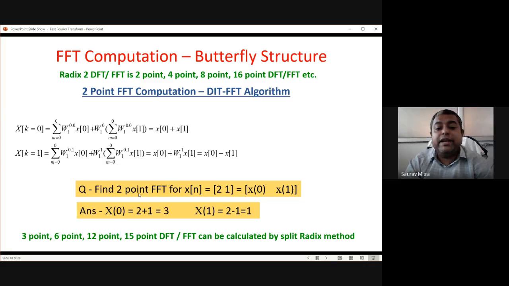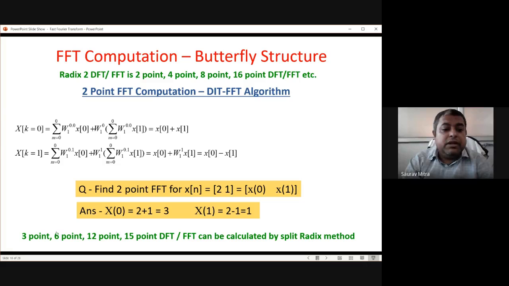So if I give you the 2-point FFT for x equal to 2 and 1, X0 is 2 plus 1 equal to 3, and X1 is 2 minus 1 equal to 1. That's all. There is no j part, no complex conjugate, no complex frequency thing. So it is 2 plus 1 and 2 minus 1. That's all.